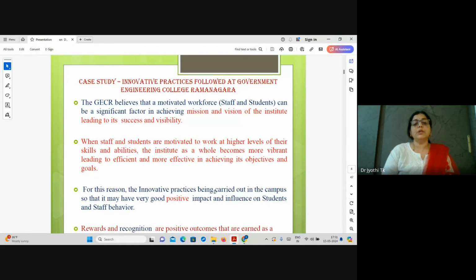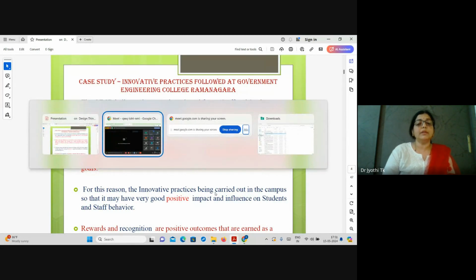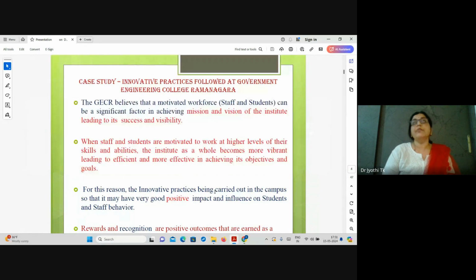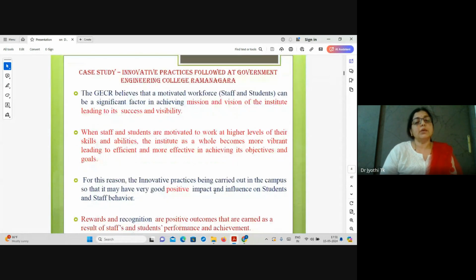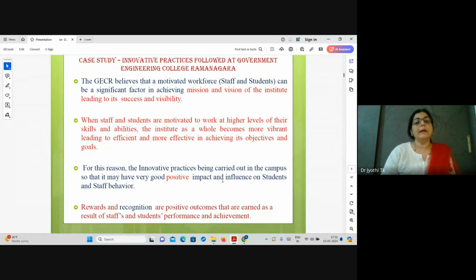For this reason, innovative practices are being carried out on the campus so that they have a positive impact and influence on student and staff behavior. Rewards and recognition are positive outcomes that are very much required for the overall development of the student. Moving on, what are all the innovative practices we follow at GECR?